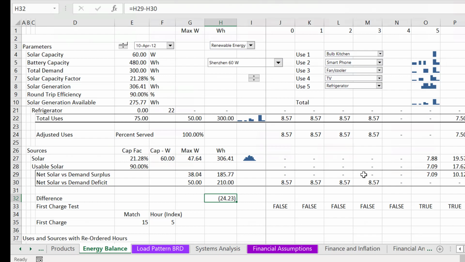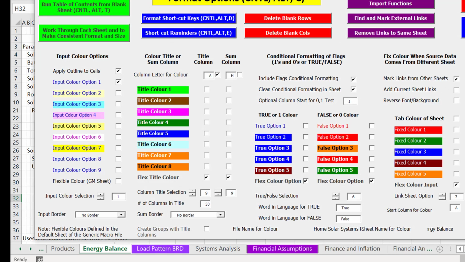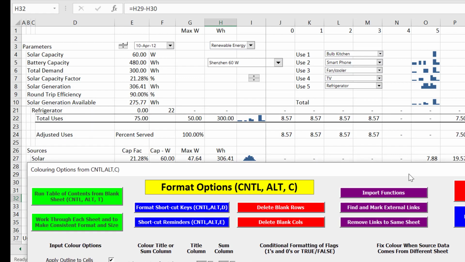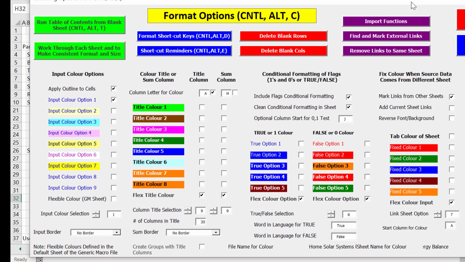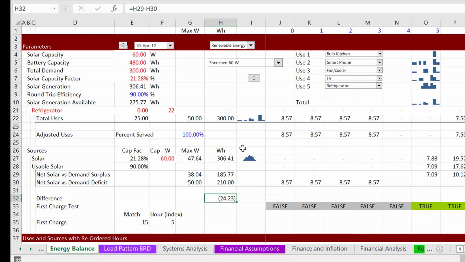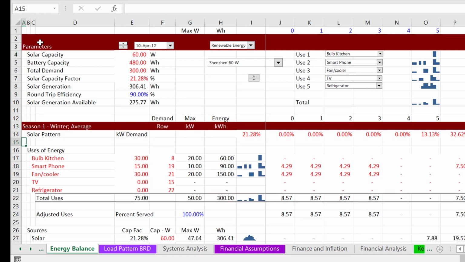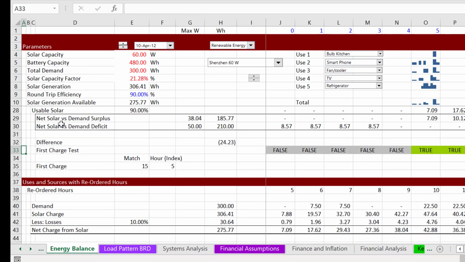I think doing something like this is a good first step. Do we want to color the top? No, let's not do that. That's a big decision. And so now I can see when we start charging.